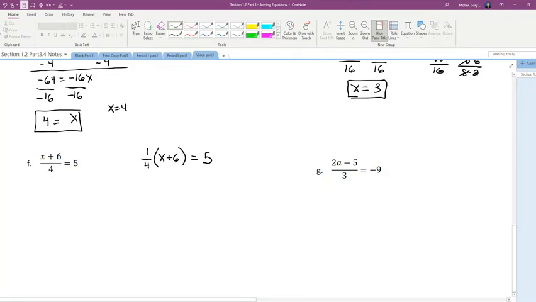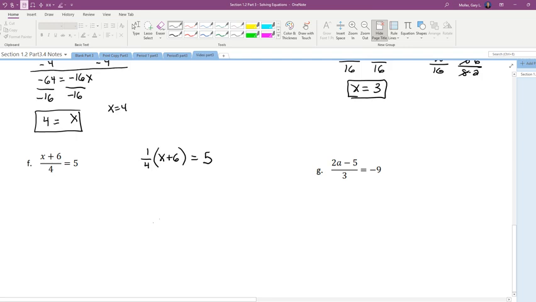Because that's what this is saying. There's an implied parentheses right here that we're doing the entire top divided by 4, or doing the entire top times a fourth. They're the same thing. Now, does one help you over the other? Not necessarily. We just need to recognize and understand that this divided by 4 applies to the entire side.